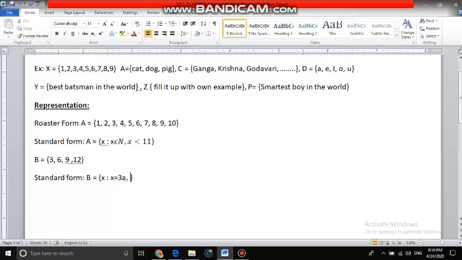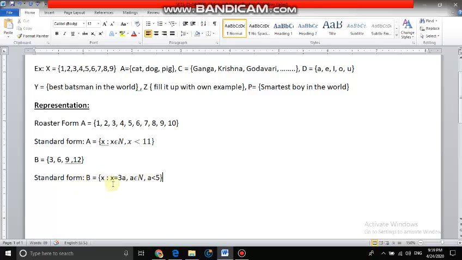Now I have to put the restriction on a. a belongs to natural numbers, and up to what value I have to take a, because I have 3 fours are 12. So a has to be less than 5, or maybe you can use less than or equal to 4 also. So this is the standard form of the set B.